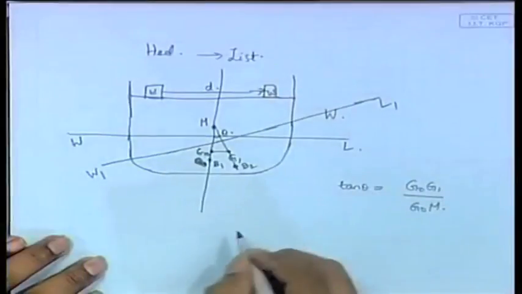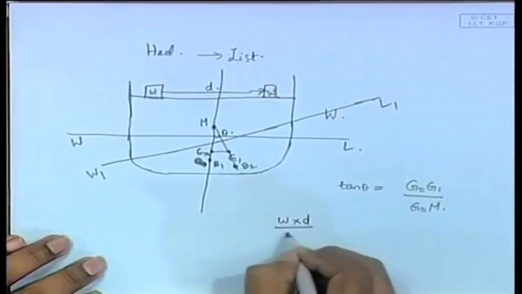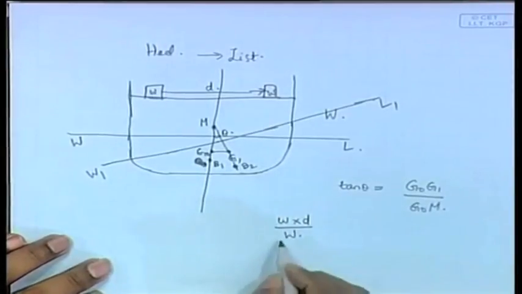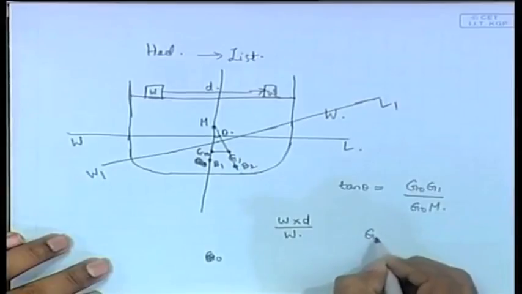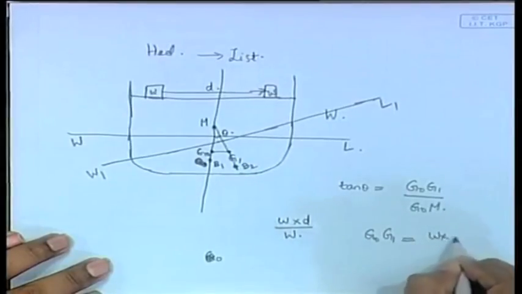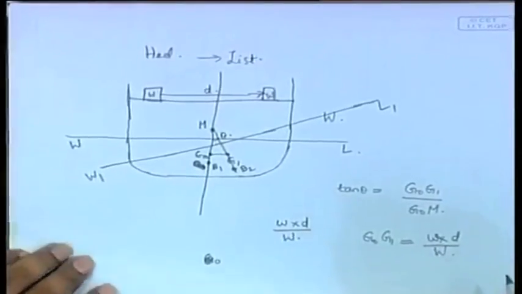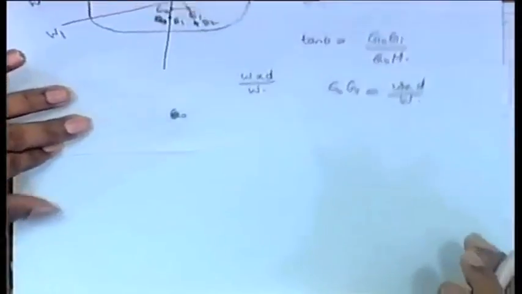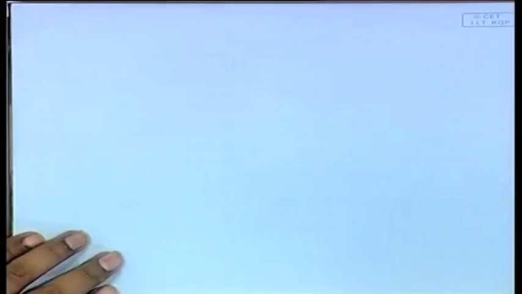We have seen that in this case it is given by w into d by W. Therefore G0 G1 will be given by w into d by W. This is small w, this is capital W. This is useful.